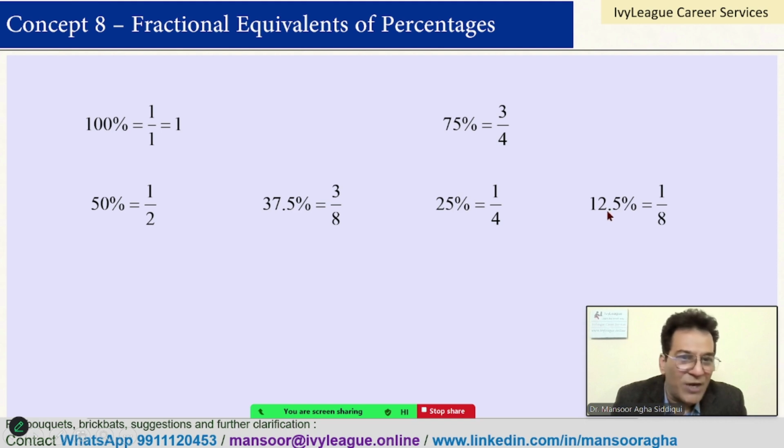So if there are 3 12.5s on top and there are 8 12.5s at the bottom, then that is equal to 100 here and 37.5 here. So 37.5 is equal to 3 by 8 is something which you have to learn, mug up. Don't even do the calculation.